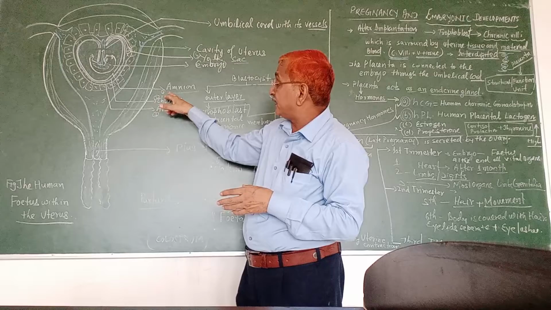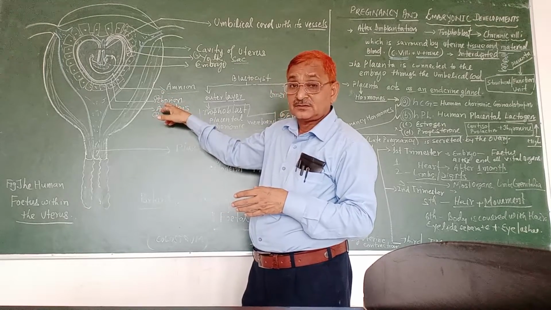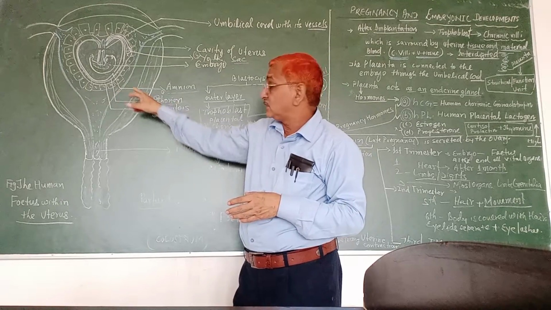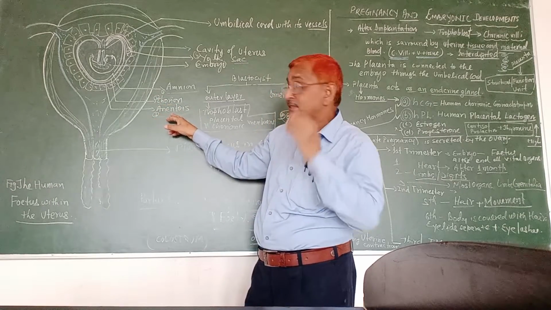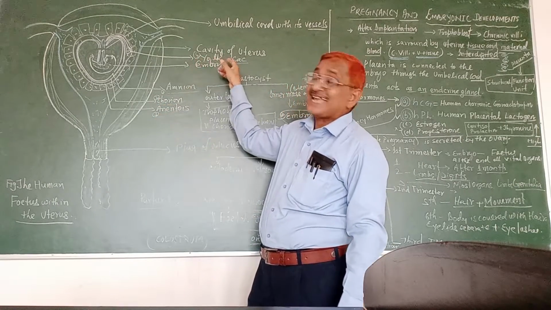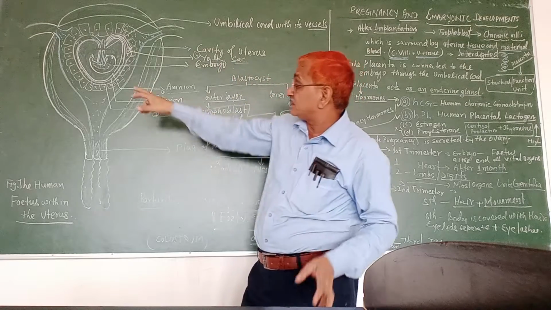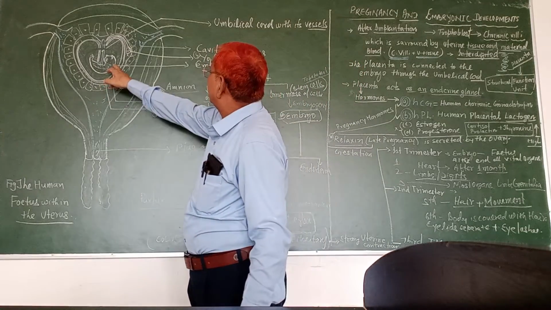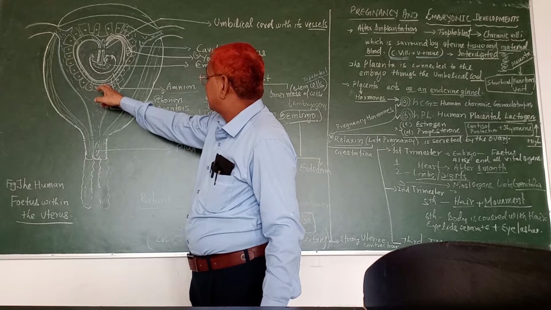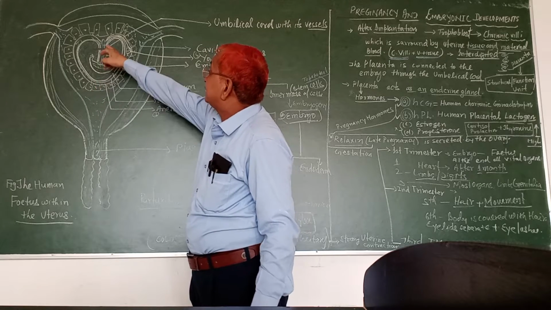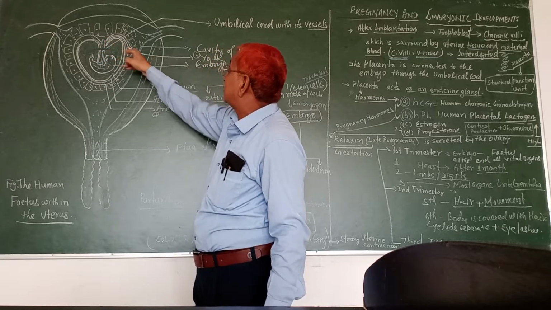I have written here: the inner one is the amnion, the second is the chorion, the third is the allantois, and the fourth is the yolk sac. You can see here the amnion, chorion, allantois, and here is the yolk sac.